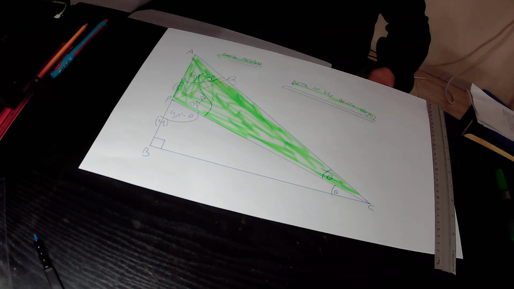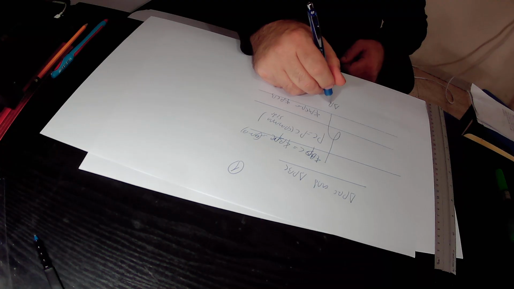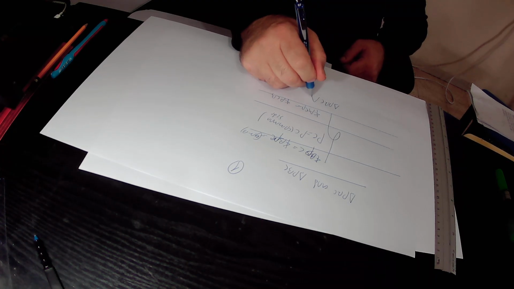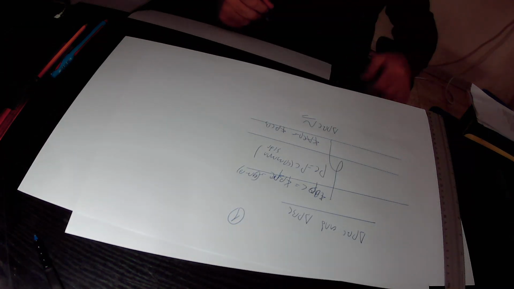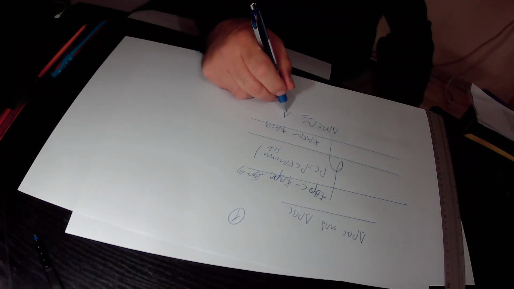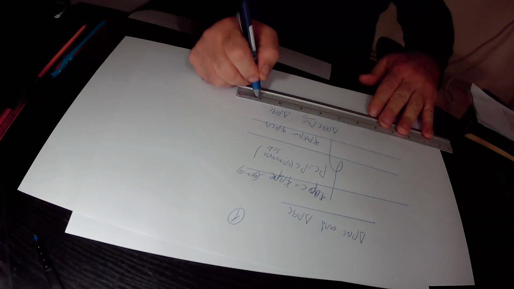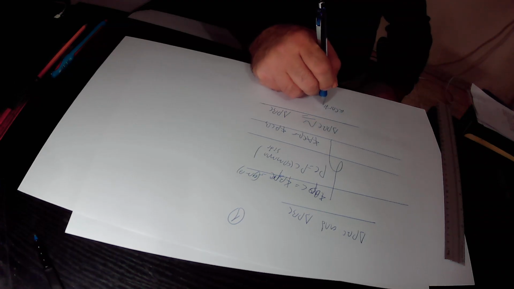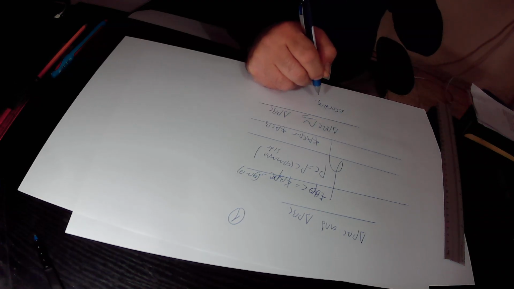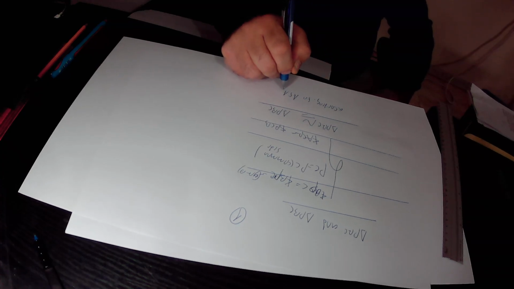So we found out in total that the green right triangle PQC is congruent, this is the sign of congruent, to the right triangle PBC, according to the angle side angle rule.